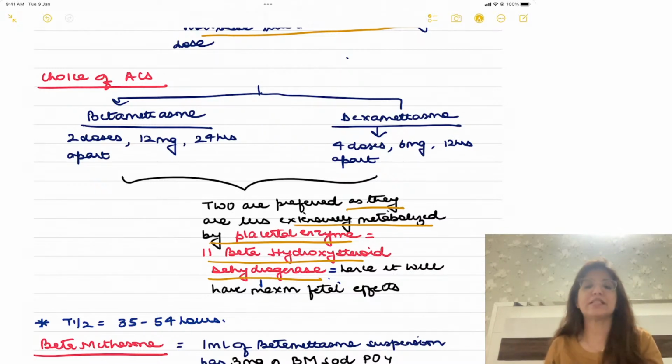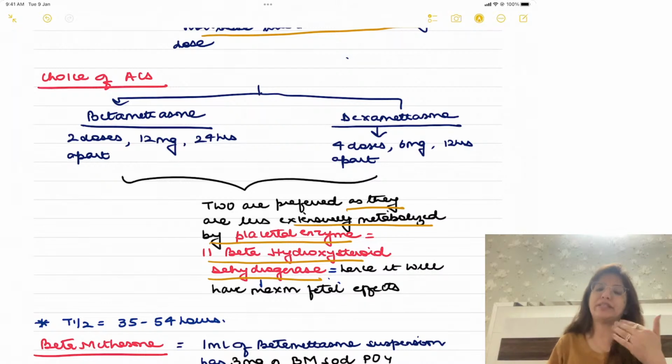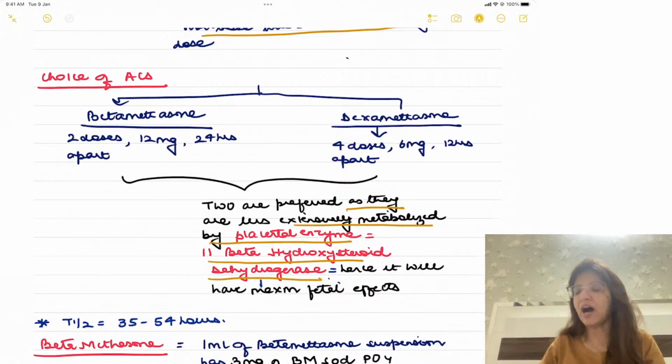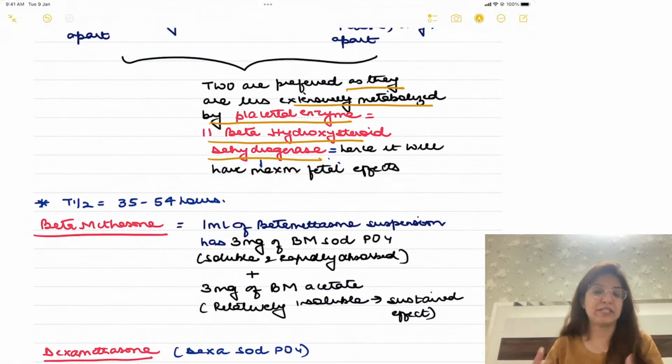Because these two corticosteroids are less broken down by this enzyme, the bioavailability to the fetus is more. And that is why you have to choose between dexamethasone and betamethasone, right? Now, the half-life of betamethasone and dexamethasone is between 35 to 54 hours.